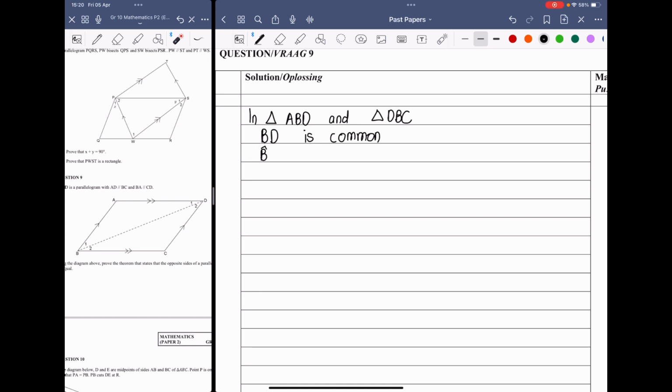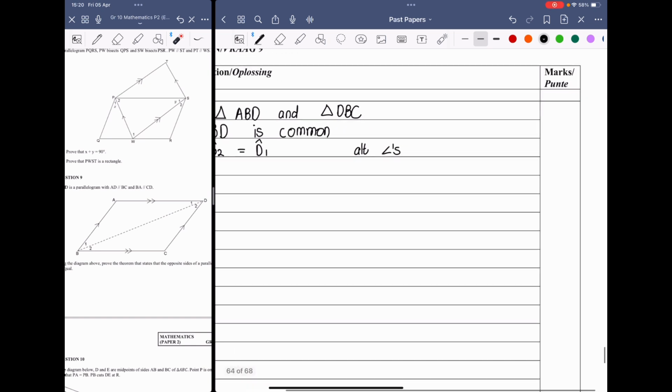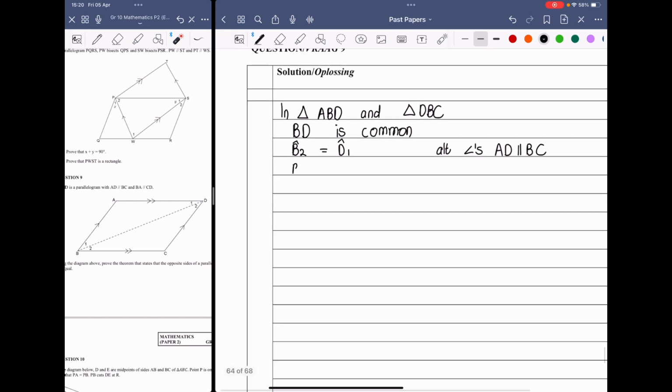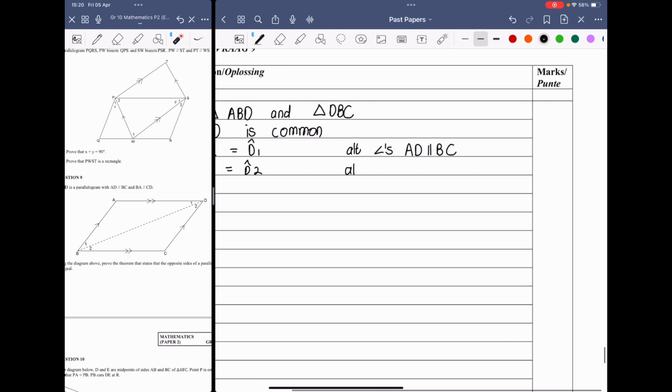So I can say that angle B2 is equal to angle D1, and that's because of alt angles, where AD is parallel to BC. And similarly, angle B1 equals angle D2, alt angles, and now the parallel lines I'm talking about are the AB and the DC.